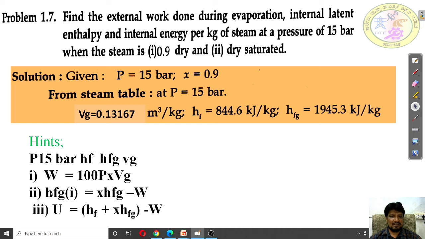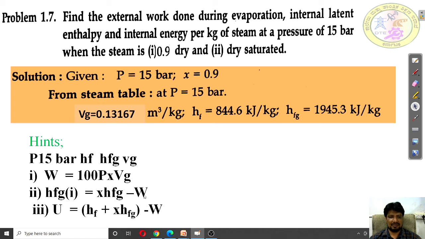Then second is internal latent enthalpy. Internal latent enthalpy is nothing but the HFG, that is latent enthalpy, when it is the internal one. We know the formula for this is X into HFG minus the work done.